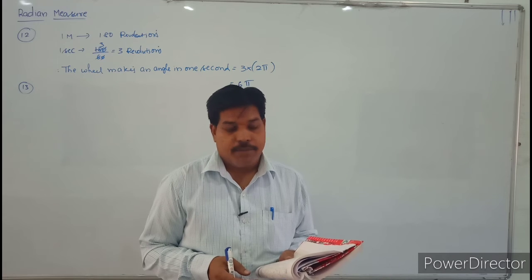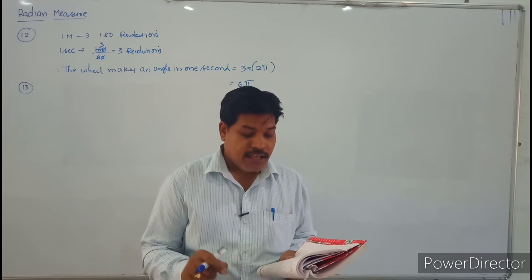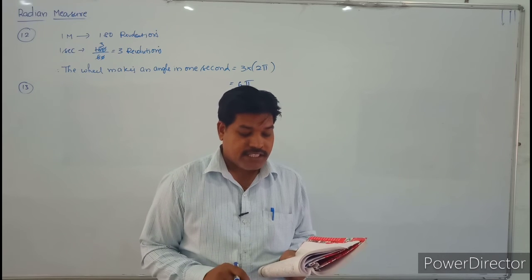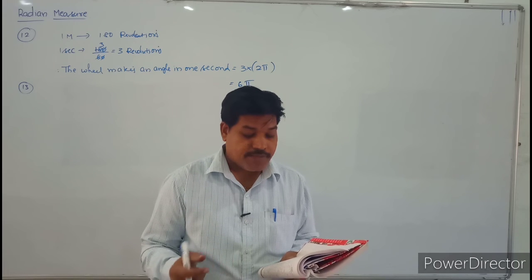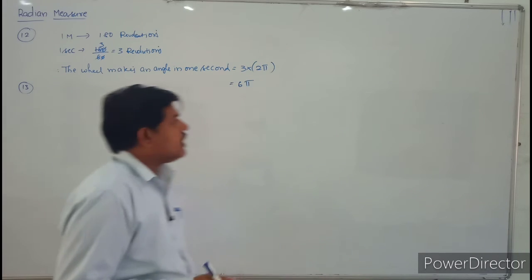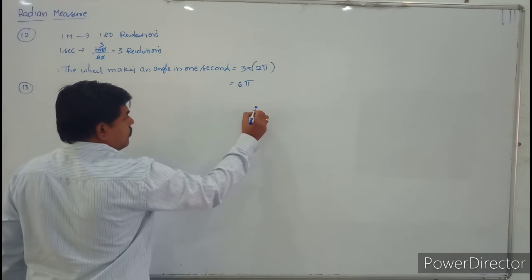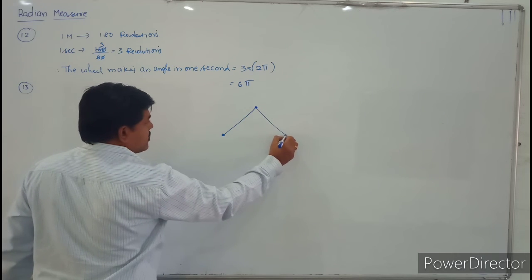So what is the question, students? The angle in radians through which a pendulum swings, its length is 75 centimeters and the tip describes an arc of length 10 pi. Here it is a pendulum, moving like this.